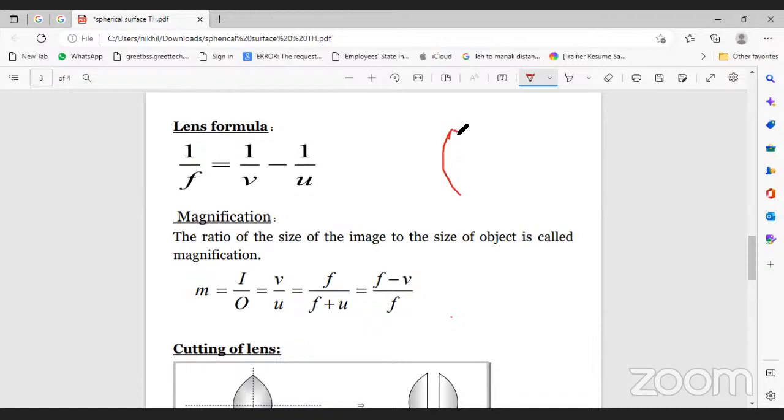Say this is a convex lens with focal length F. What is this line called?